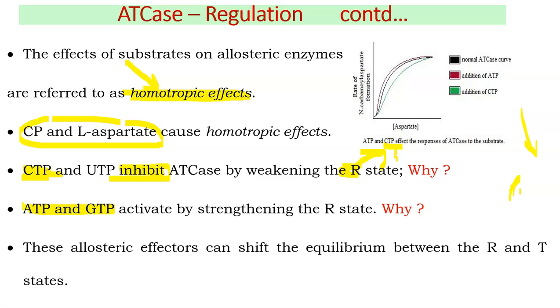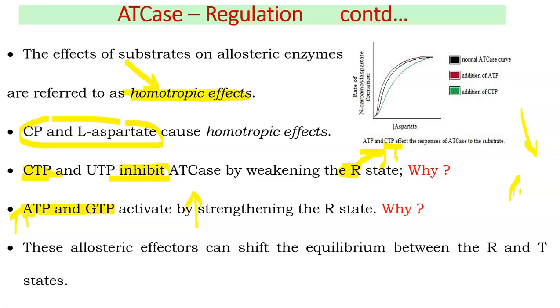That means whenever ATP is present in the vicinity, it activates the enzyme. That means enzyme activity is increasing. It is converting more and more substrates to CTP. That means CTP production is increasing. Why is it increasing in the presence of ATP? One reason is ATP means high energy.